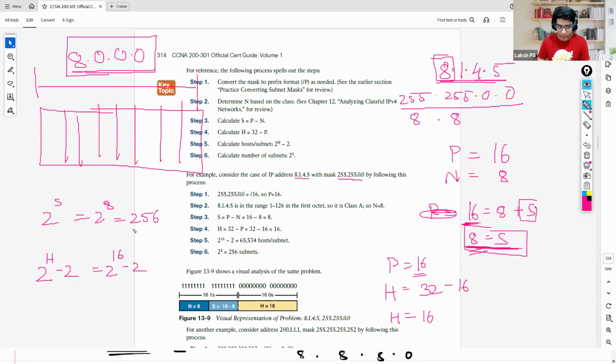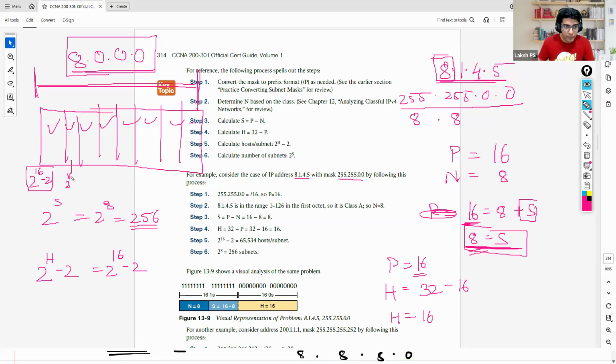Now we calculated 256 subnets. This is a big network of IP addresses which starts with 8. We have divided this big network into 256 smaller subnets, and each subnet will contain 2 power 16 minus 2 IP addresses that we can assign to the users.